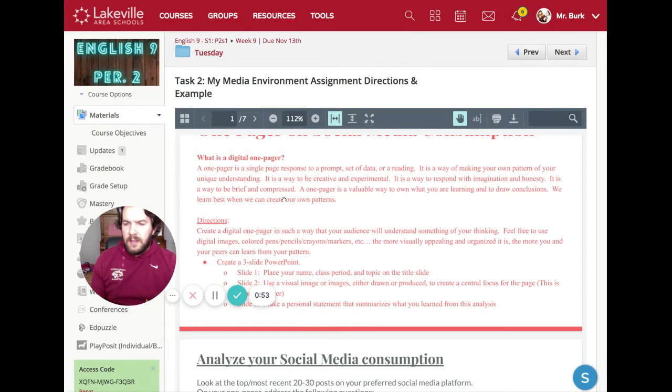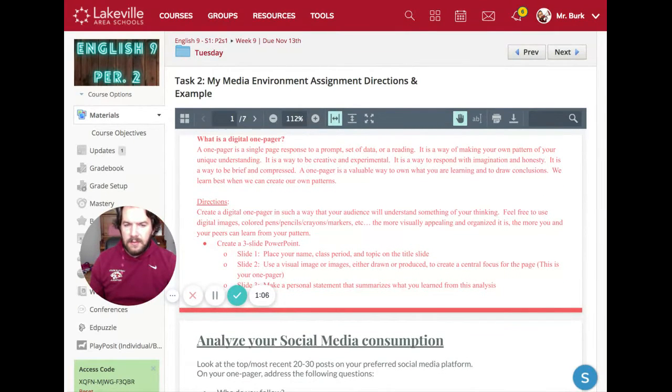It's a way to be unique and creative and experimental. It's a way to respond with your imagination and to honestly look at some of the things that you do in a visual way. It's a way for you to kind of get your ideas down on paper and then be able to evaluate what you got going on.